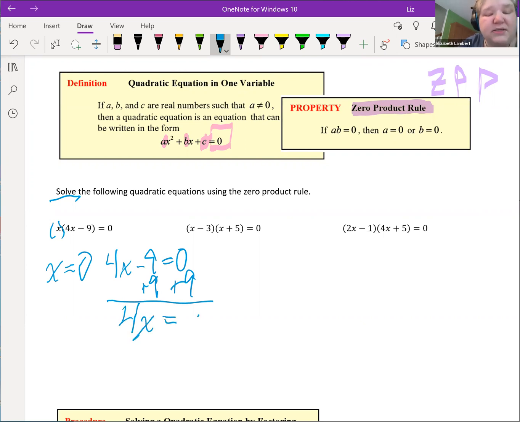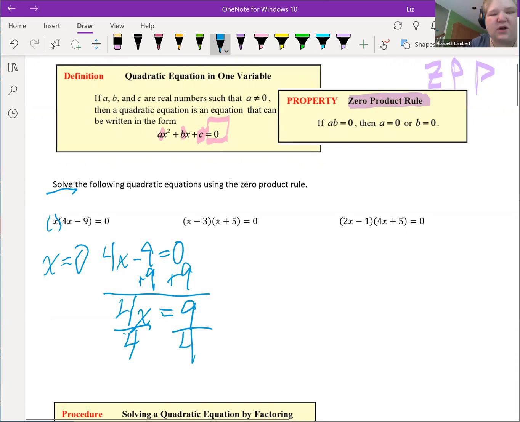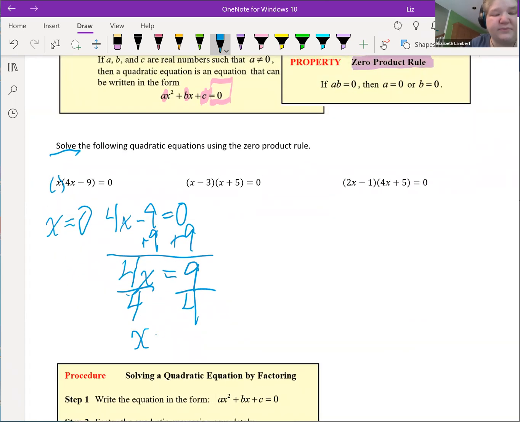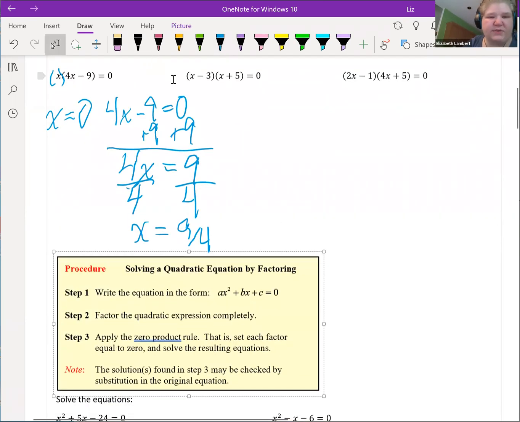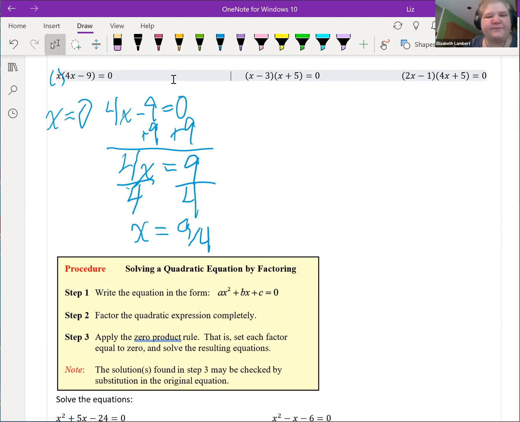And this, it's already factored. It's also, this is an equation. I can solve an equation. I cannot solve an expression. All right, so we have x equals 0 and x equals 9/4.